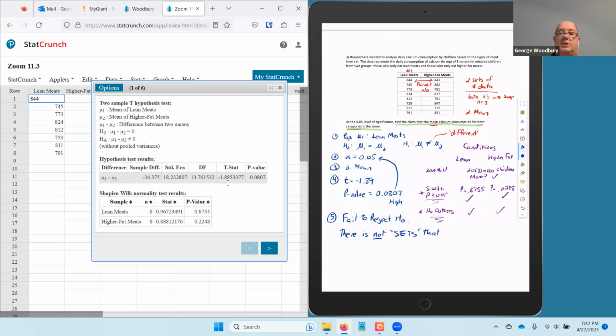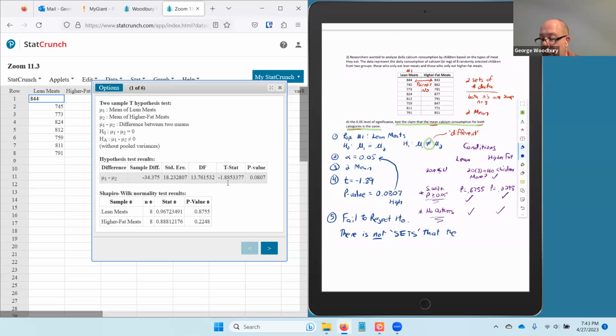And here's where you've got to be careful. I think a good strategy is always to look at that sign in H1 before you decide what you're going to write in your conclusion. And here, I need to rewrite this claim in terms of being different.